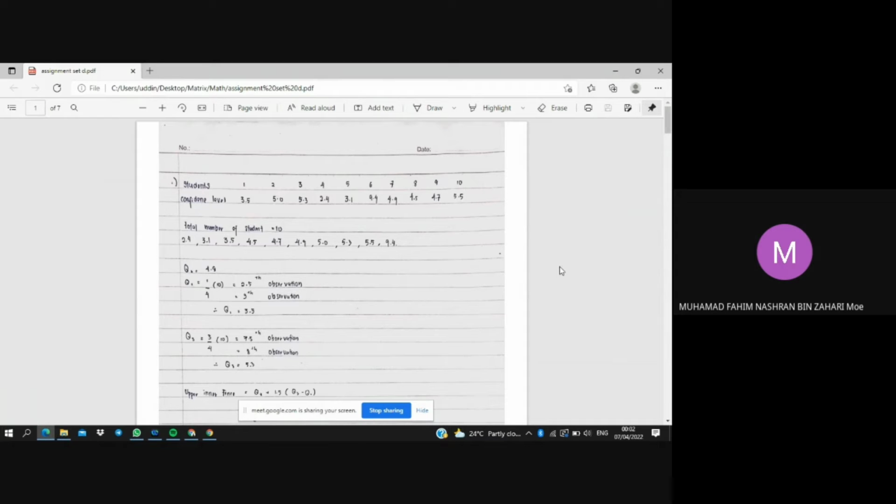We round it up, then we look at the table, and we get the first quartile is 3.5. For the third quartile, it is 3 over 4 times 10, then we get 7.5. We round it up, so it will be the 8th observation. So we get the third quartile is equal to 5.3.